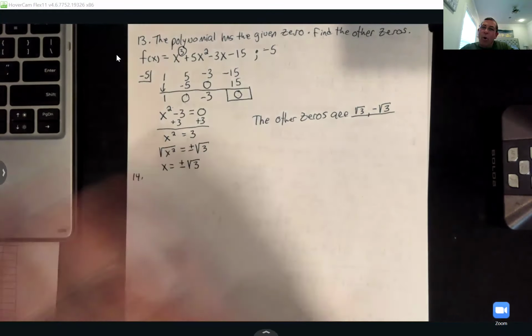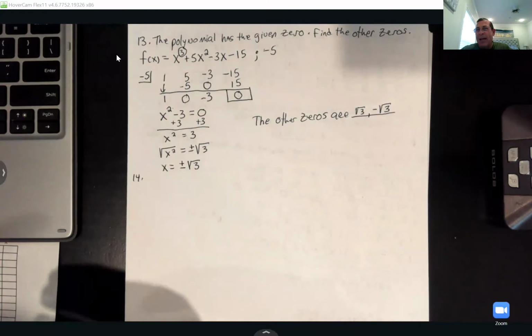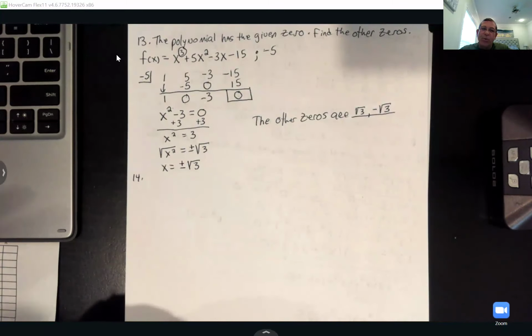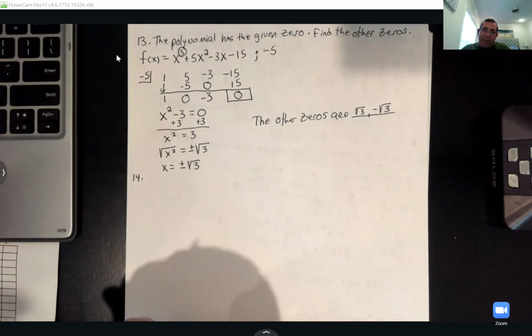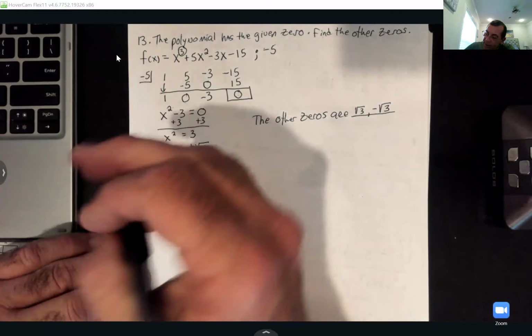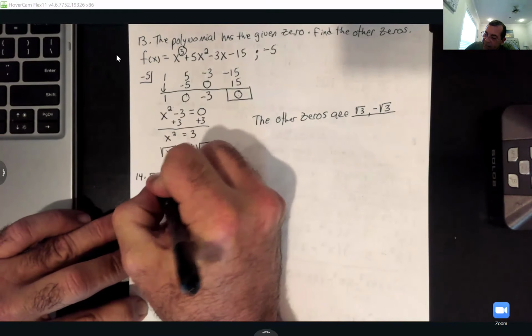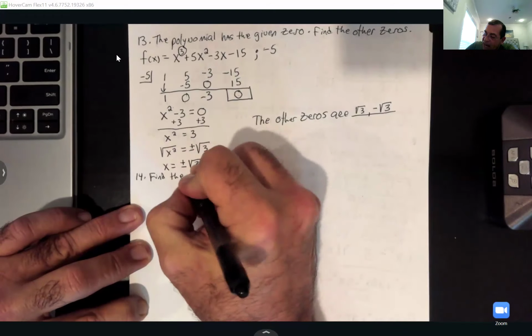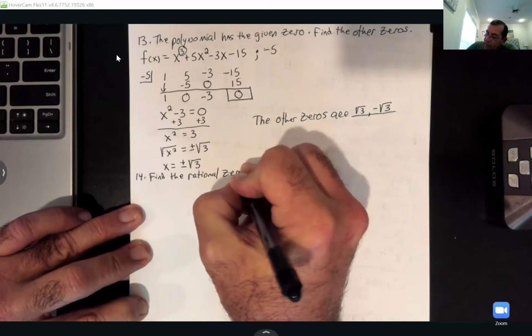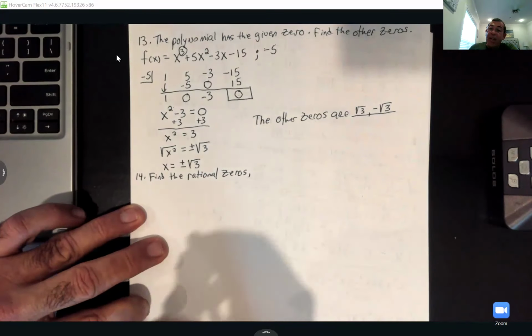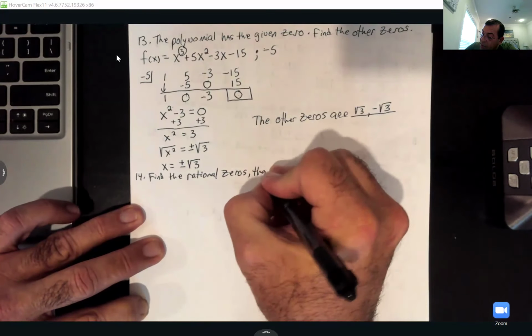All righty, so one more doing the zero stuff. But the thing is, on this one, on 14, they're not giving me any of the zeros. So watch how I have to find them on it, okay? So this one says, find the rational zeros, then the other zeros.